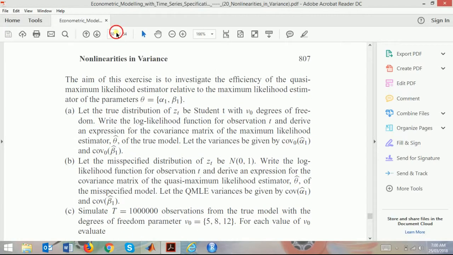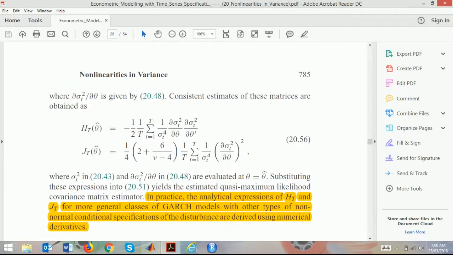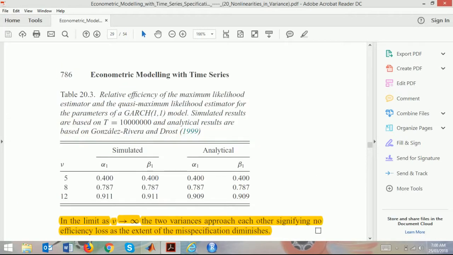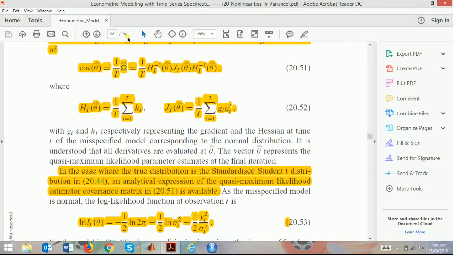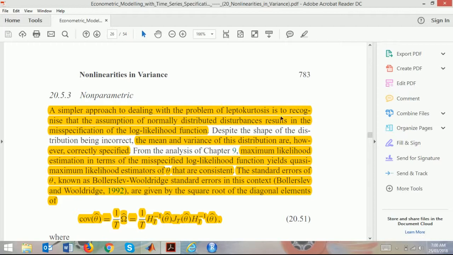But before that, the important discussion, which is the non-parametric discussion. And what is that? We have tried to capture leptokurtosis in volatility with a distribution. However, in a normal distribution, if we do not account for leptokurtosis, the log likelihood function is misspecified, but we can still use the misspecified log likelihood function because it will still give us the correct mean and variance.